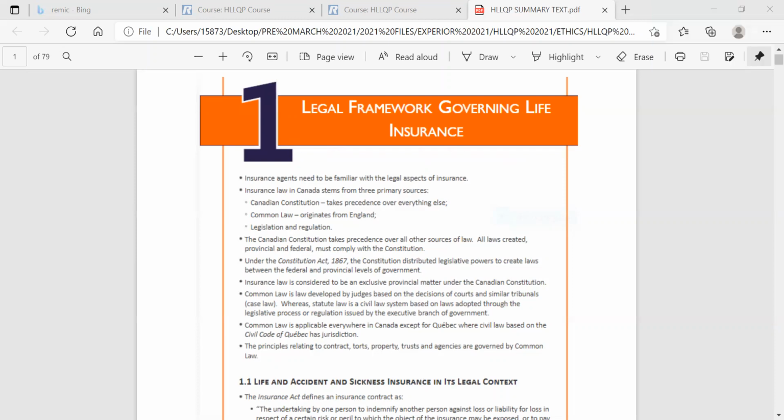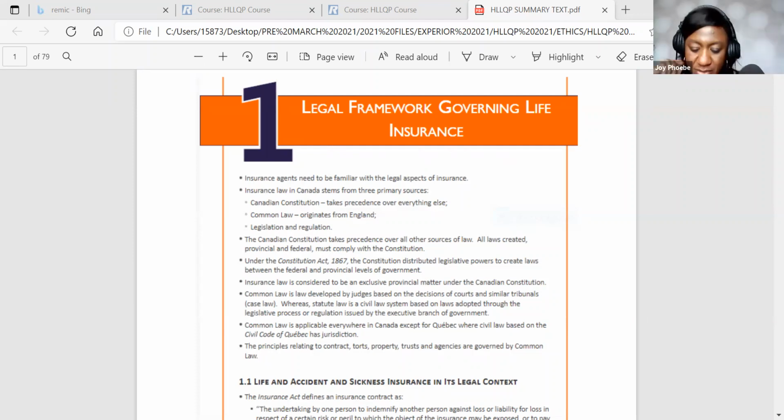However, if the man had made his daughter irrevocable beneficiary, whether or not she became policy owner and the life insured, she would not have been able to change it.